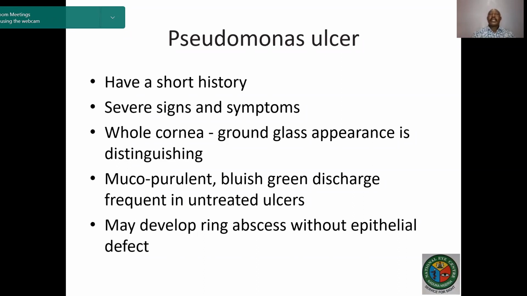The whole cornea easily assumes a ground glass appearance, and this is a very good distinguishing feature for Pseudomonas ulcer. It is also usually associated with mucopurulent, blue to greenish discharge, and usually it is found when the ulcer is still in an untreated condition.